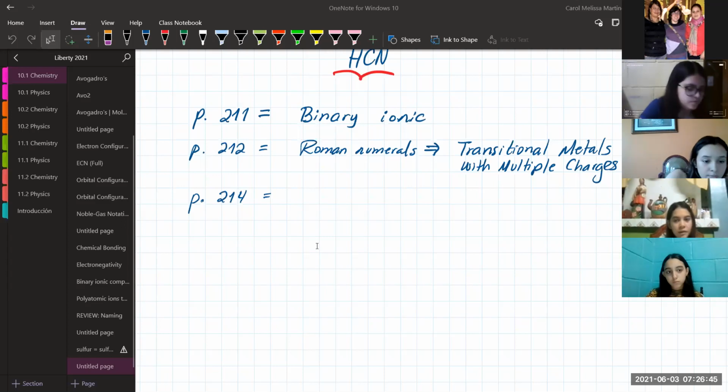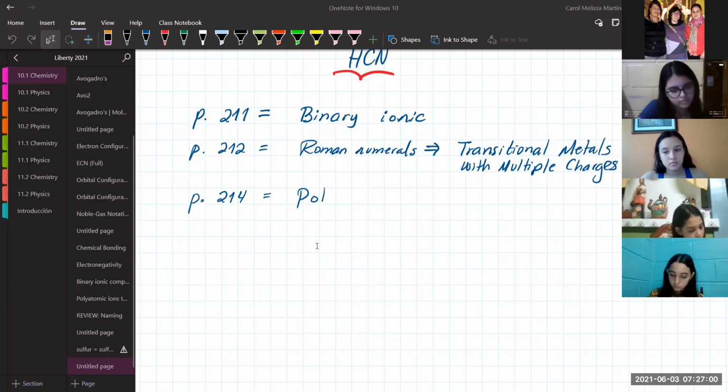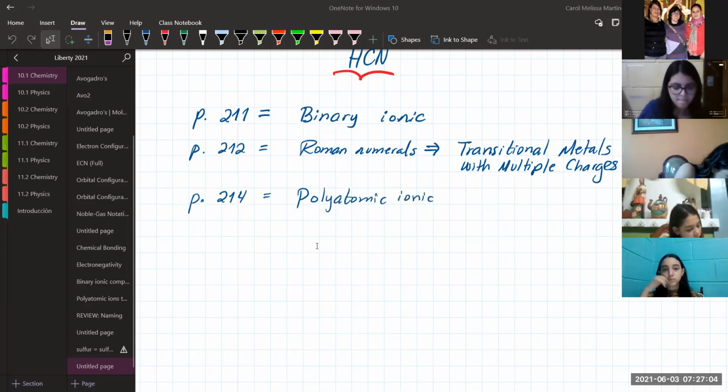Ionic compound. The 214 is polyatomics. Polyatomic. But here in this page, you will find also polyatomic with Roman numerals. Okay? So, it's a combination, okay?